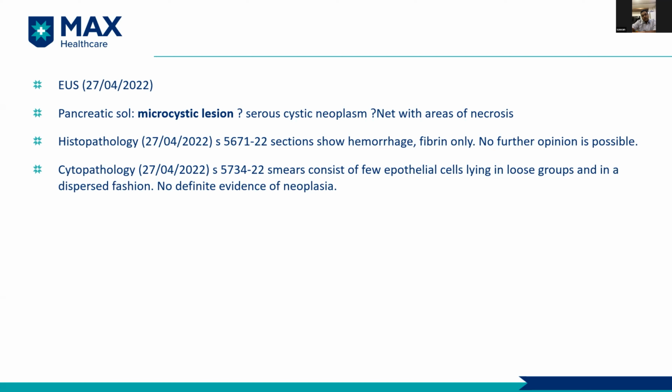So we really couldn't do a contrast enhanced ultrasound. It could have helped differentiate whether this is a NET with areas of necrosis or a serous cystic neoplasm, because a NET would generally show an uptake of SonoVue.